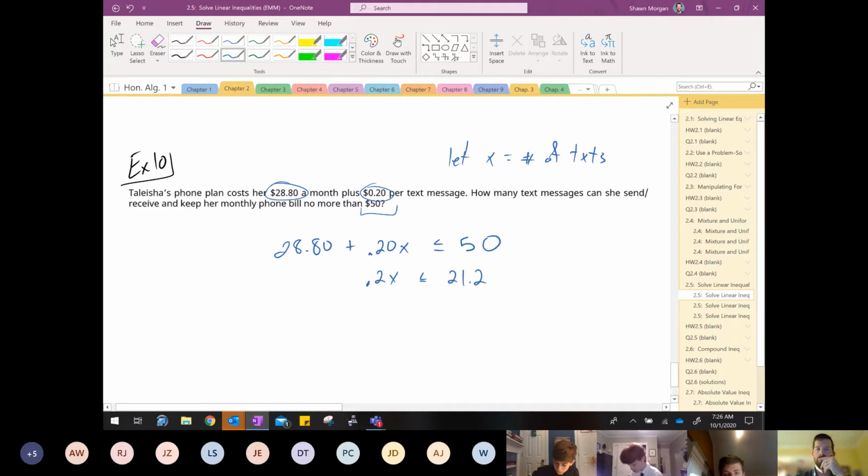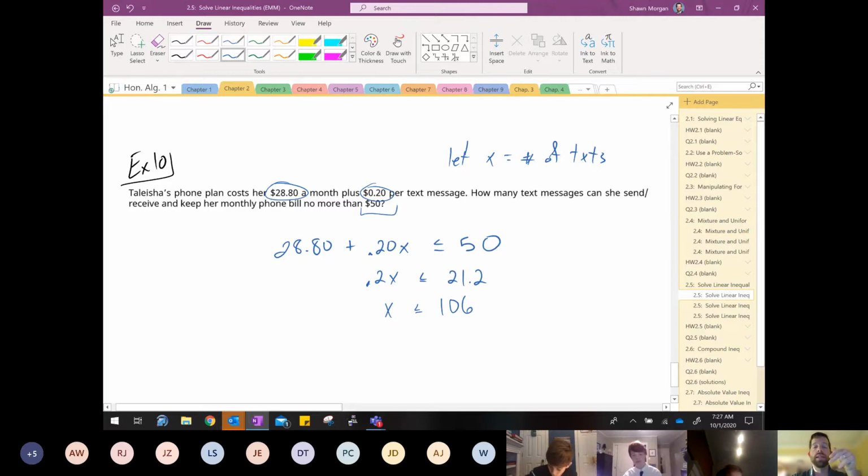And then last step, you would divide everything by 0.2. So we would have 106. Yeah. All right.